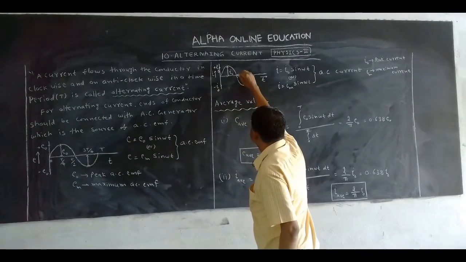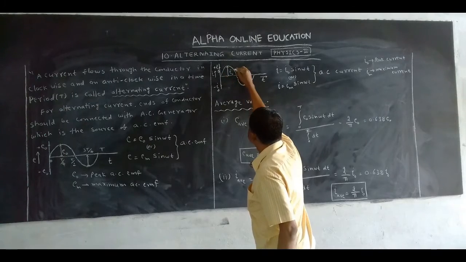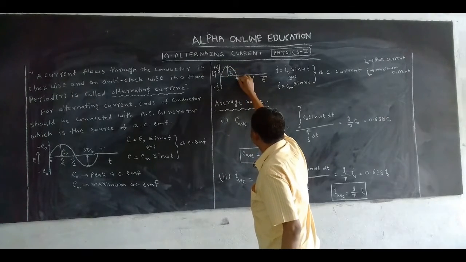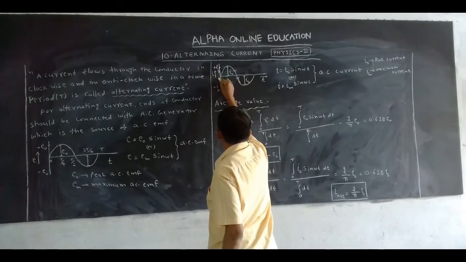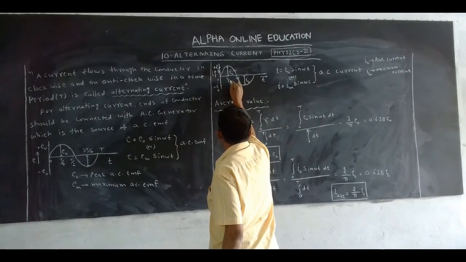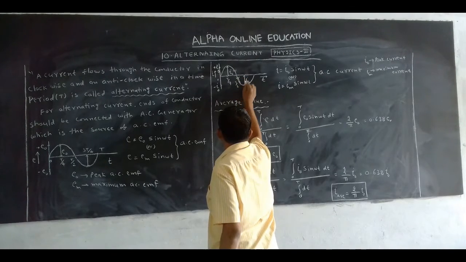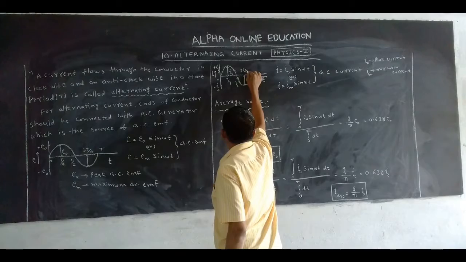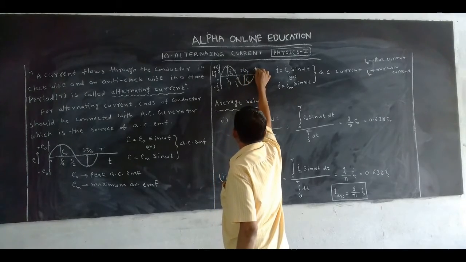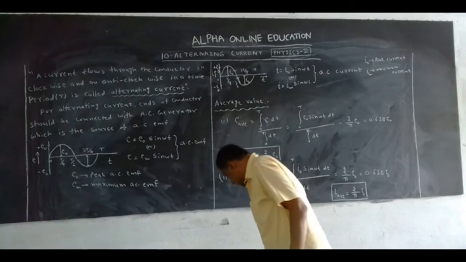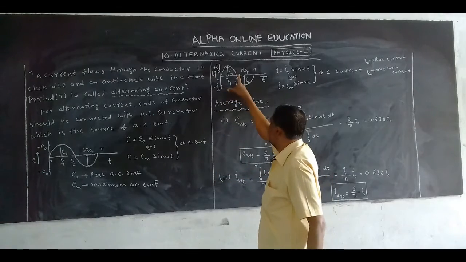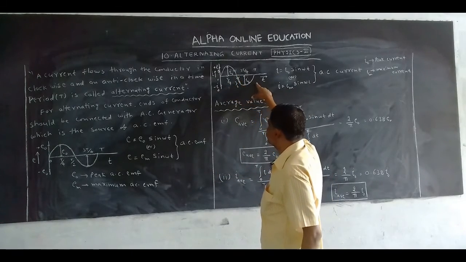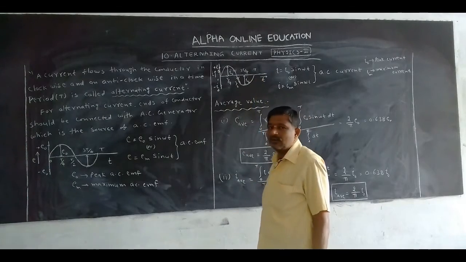Like this, clockwise, and after that, anti-clockwise. This is the time period: here it is 0, T by 4, T by 2, 3T by 4, and this is capital T. A current that flows through the conductor in clockwise and anti-clockwise direction in a time period is called alternating current.